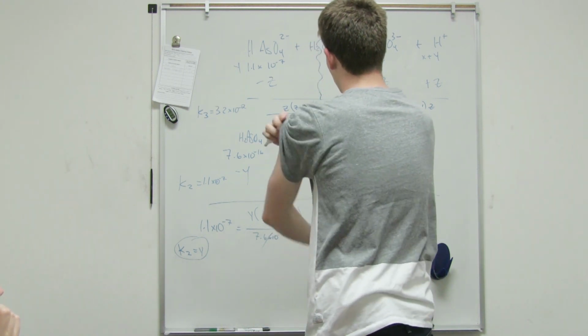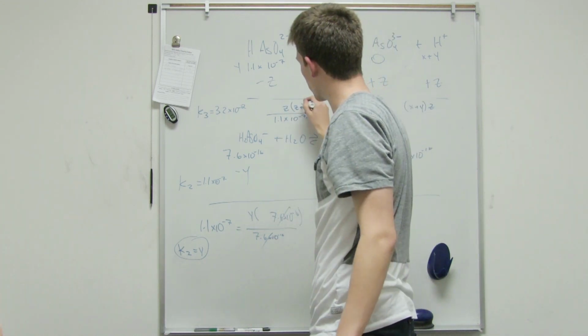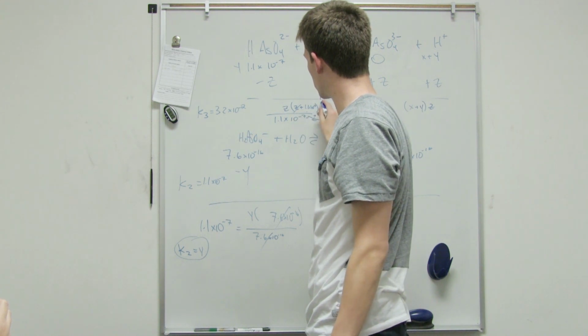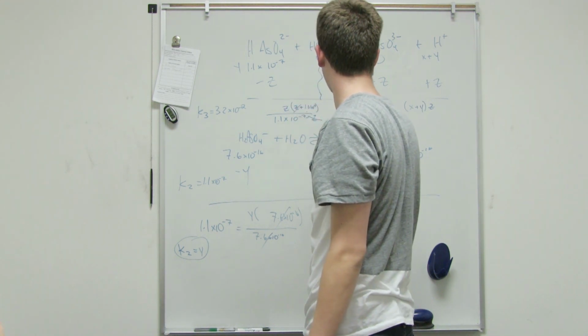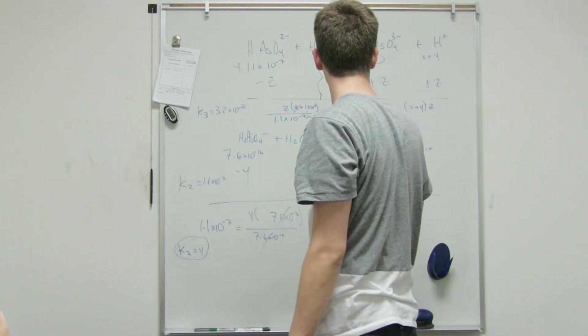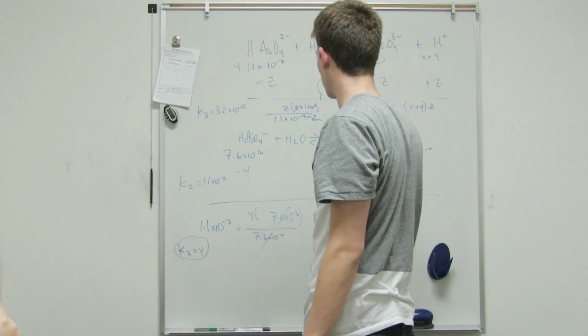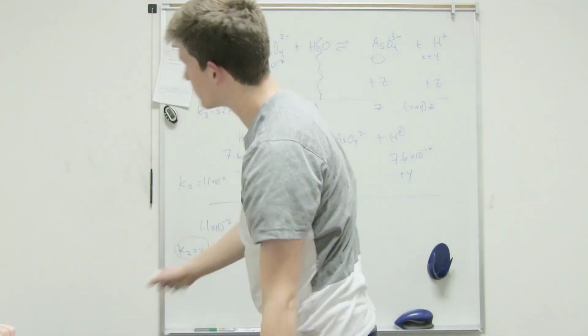And then here, we don't care about this z. So you get x times y. X times y over z. Is that what we're doing? Yeah. X times z over y.